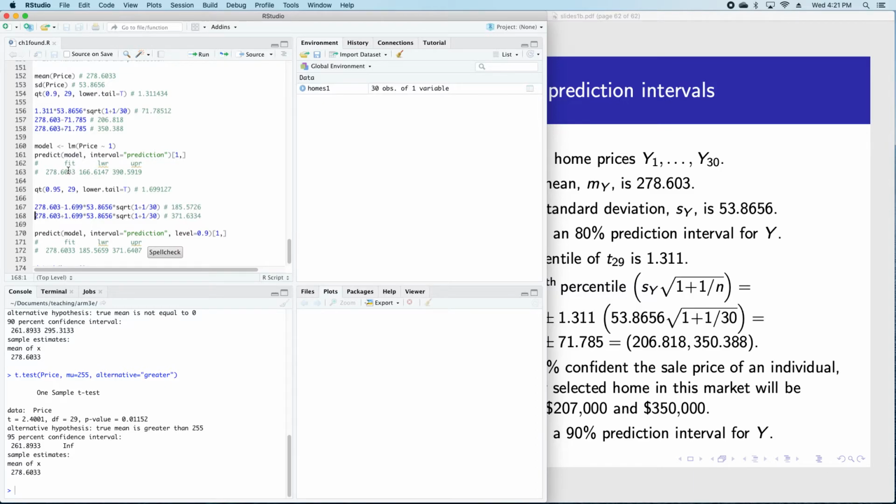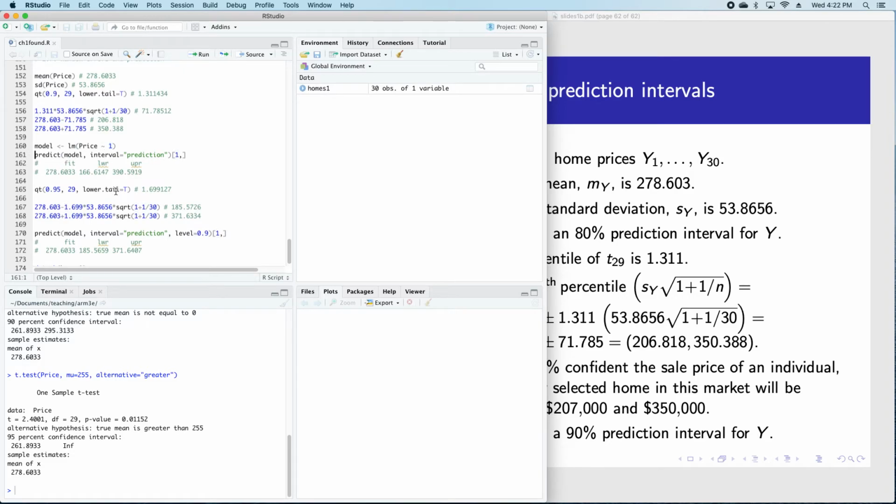There's a way to get these intervals in R directly, and so we set up a model using this lm function here, and price is our response variable, and in this case over here we just write the number 1 because we're going to use this function later on when we talk about regression, but in regression we have predictors, but in this case we don't have any predictors, so we just write the number 1 here.